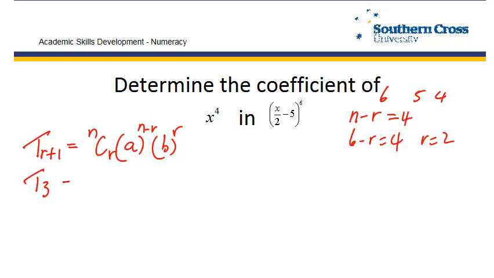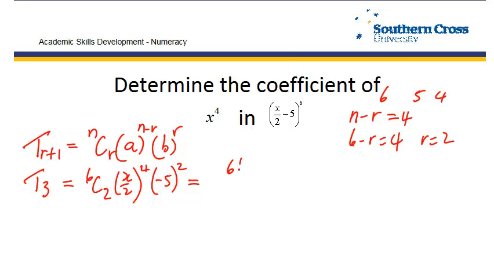So T3 is equal to 6C2 times by x over 2 to the power of n minus r, which is 4, and times by negative 5 to the power of 2, which, now evaluating nCr is a little bit tricky.